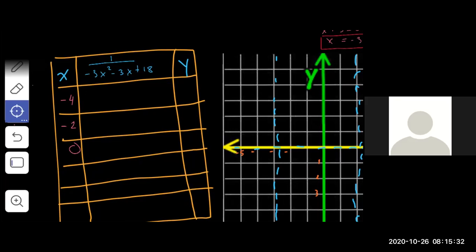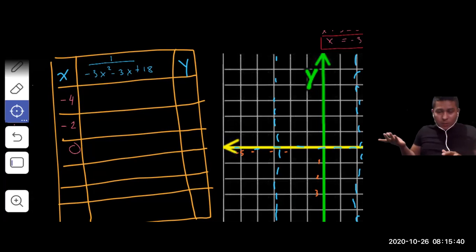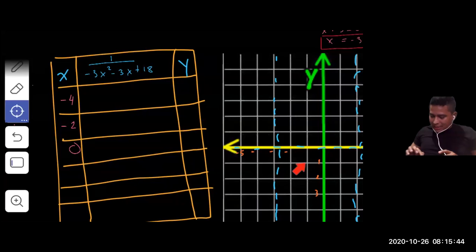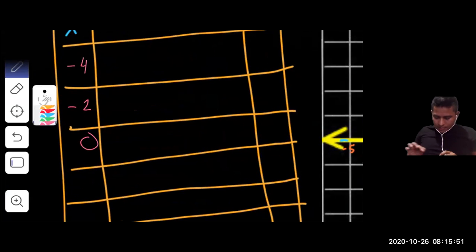We don't know if the graph is going to cross or not. Once we get familiar with this, we can skip this step. But in this case, we're gonna take 3 values inside of this. Negative 2, 0, and someone told me 1, right? We can take 1, perfectly.